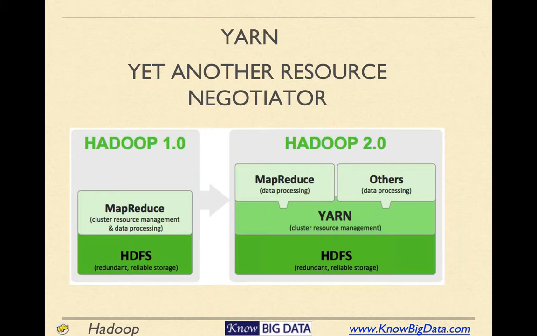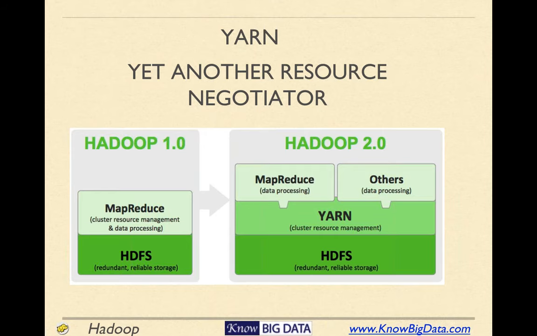So earlier in Hadoop 1.0, there was only one kind of logic allowed called map and reduce. Everything was being done by this framework called MapReduce. The same framework was doing the job tracker, task tracker, as well as the MapReduce, so everything was only in one form.